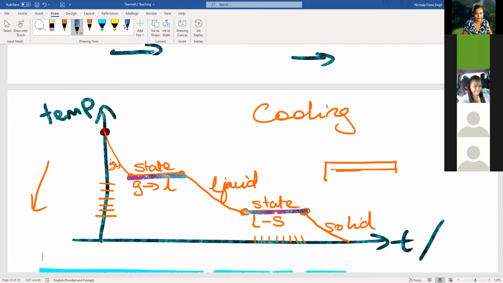So all you have to do, if you have a cooling curve and you want to read off the freezing point of your material, which is what we would have done in school, we have the material that we use, the chemical that they use to make mothballs, camphor balls. It melts at, say, 75 or 72 degrees Celsius. So all we can do is put it into a water bath, boil it, let it melt.